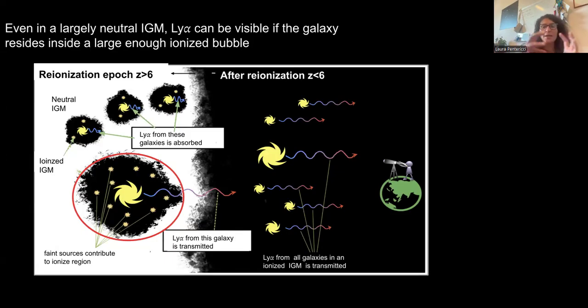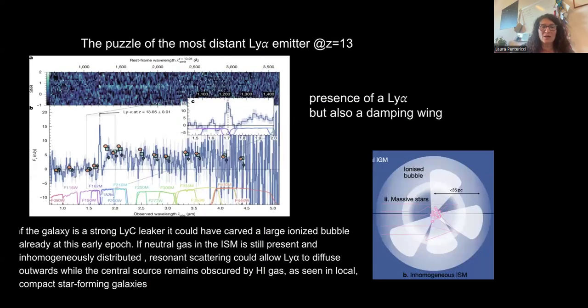And when a galaxy has carved its ionized bubble, maybe with the help of faint sources in the vicinity, the Lyman alpha can shine even at redshift 10, when the average neutral fraction is close to 1. And so, as I showed already, this was a big puzzle, because the most distant Lyman alpha emitter is at redshift 13. It's at an epoch when we think the intergalactic medium should be completely neutral. And so we should not see a Lyman alpha emitter, okay?